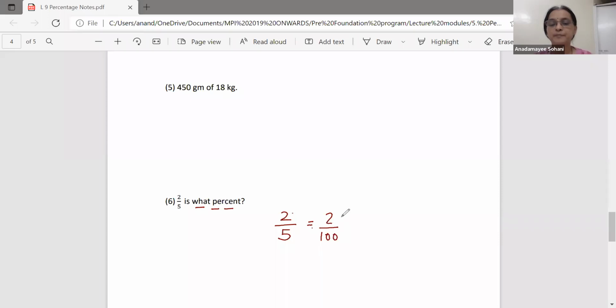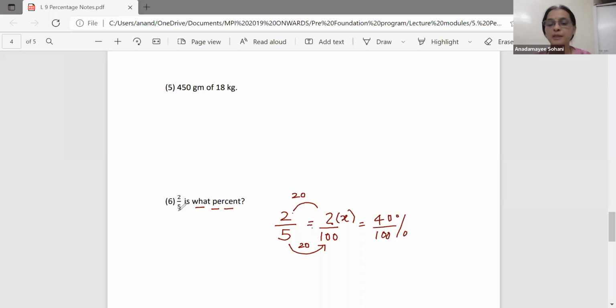This what I can call X. So 2/5, to convert it into base 100, I need to multiply it by 20. So I multiply 2 also by 20 and I get 40 as my answer. That is 40%.